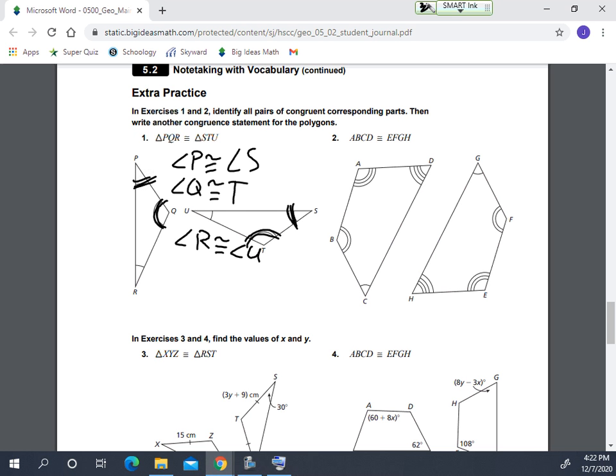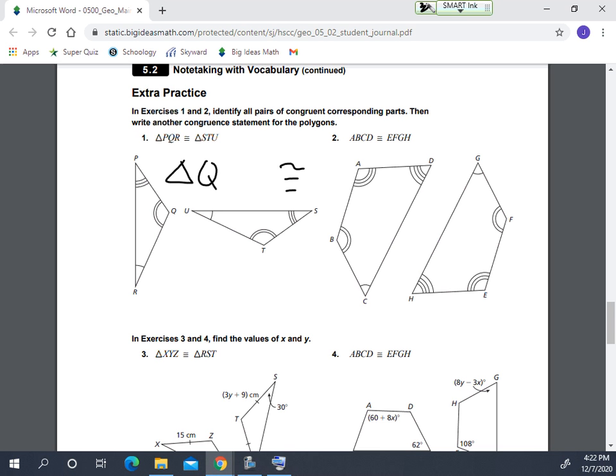Okay, so write another congruent statement. I'm only erasing this so I can show you something very important. If I write a congruent statement and I say triangle and I start with, let's say, Q, and then let's say RP, QRP. I cannot name that second triangle any way I want.